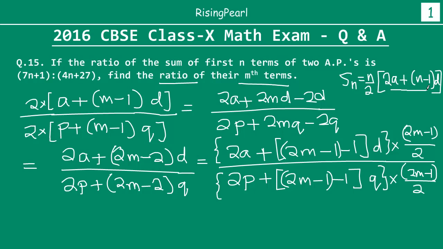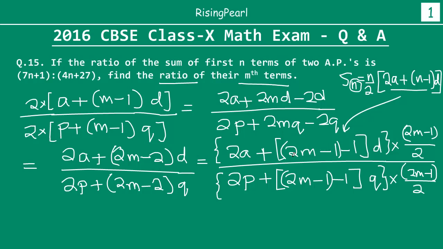It is this value that we have over here, which means twice a plus something minus 1 times d. So here we are getting something minus 1. What is this something? The value of something is twice m minus 1. So we are trying to make this the sum of first 2m minus 1 number of terms, right?